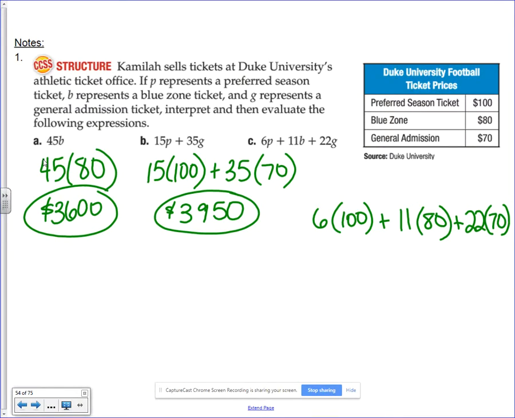All right, so how much should she be collecting from these people? $3,020, she says. $3,020. I have a follow-up question here for letter C. How many people are going to the game in this group for letter C? How many people are going?